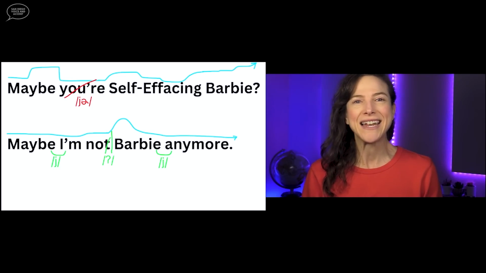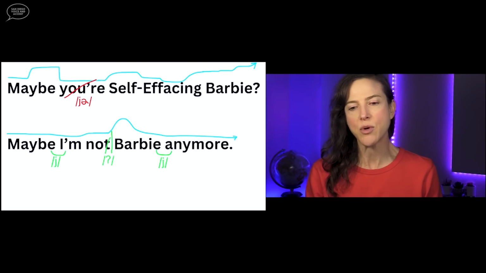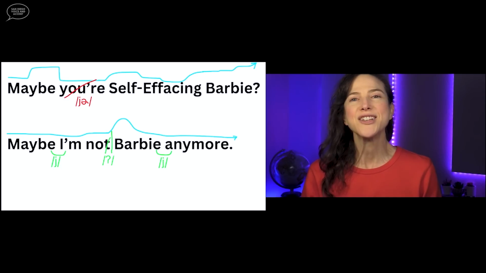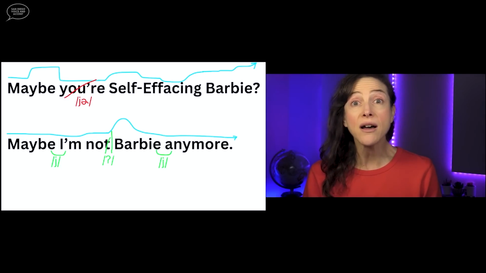But Barbie, again, is not necessarily buying that, but she does make kind of a discovery here. Maybe I'm not Barbie anymore. It's like she just discovered that she's different now. She's becoming a different type of Barbie, or not Barbie at all. And it just now dawned on her that this could be happening.